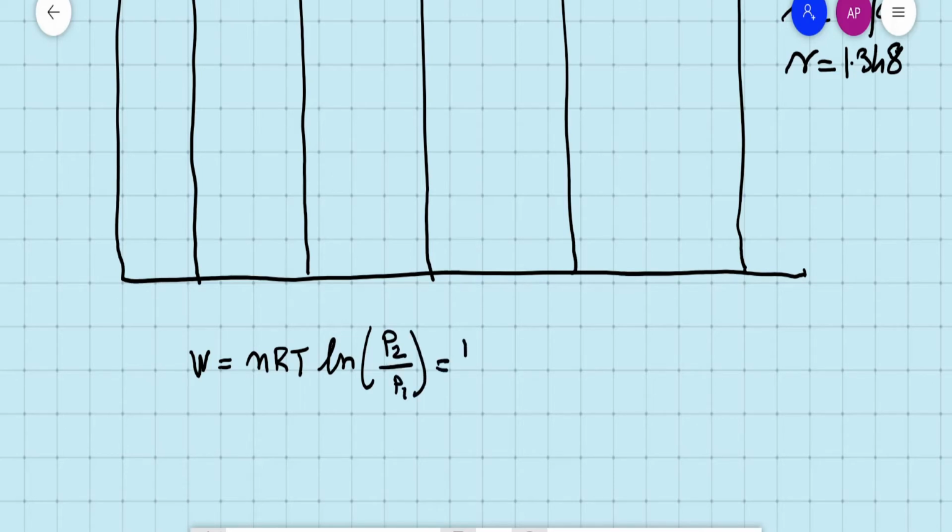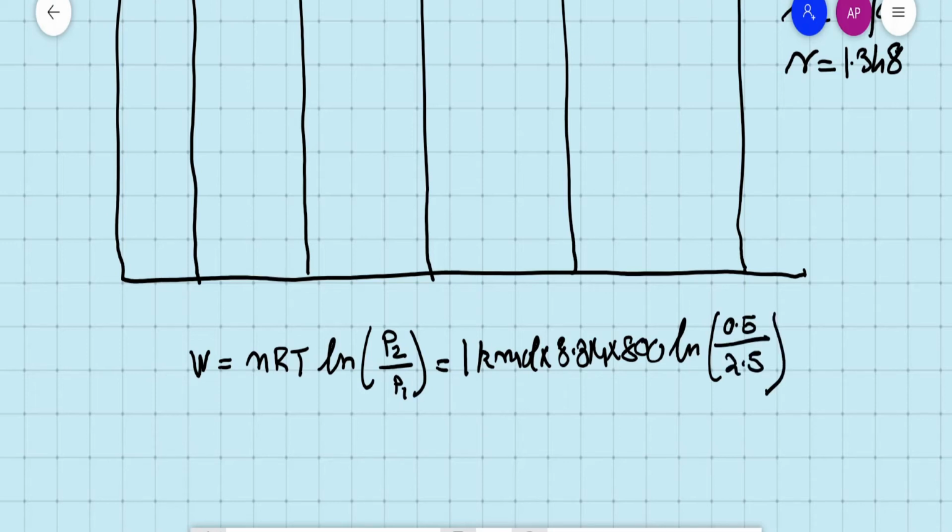This is equal to 1 kilomole into 8.314 into T is 800 into ln of P2 was 0.5 by P1 was 2.5.